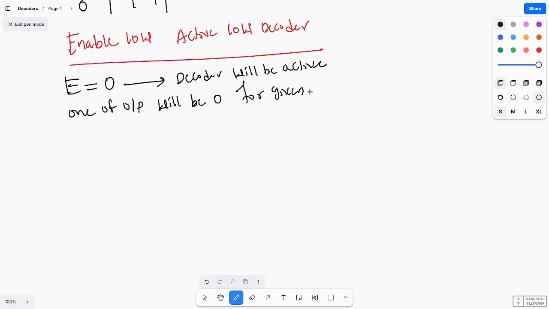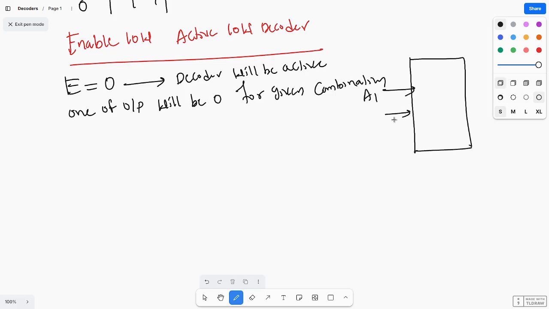Like if you draw the diagram, let us take A1 and A0 and an active low decoder. This is what you are giving through the bubble. So if I see the block diagram, this is a 2 to 4 decoder.